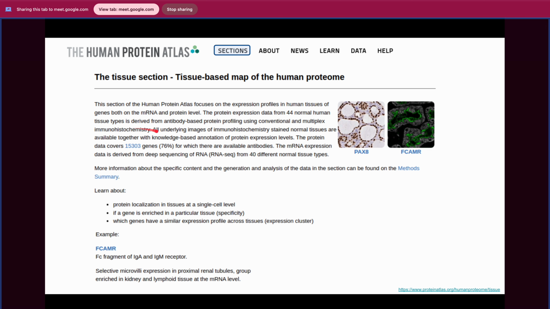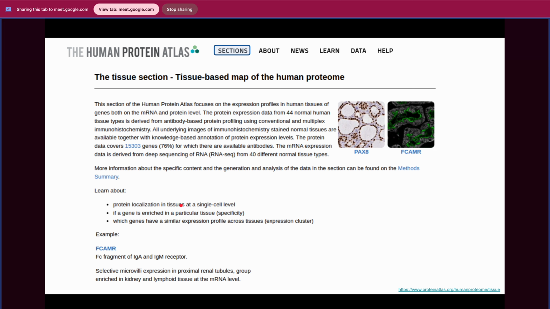In this section, they are using immunohistochemistry, where there are antibodies which bind to my protein of interest. If some protein is present for which antibody information is not known, I cannot identify that protein. That's why only 15,303 gene information is available. For other genes, we do not have the respective antibodies, so they were not identified. It doesn't mean that those genes are not present. They may also be present, but we cannot identify them.